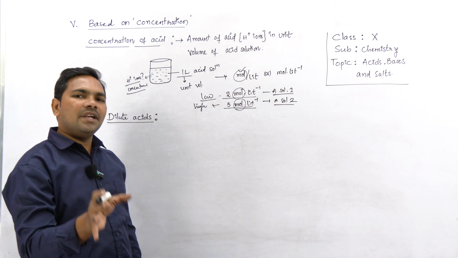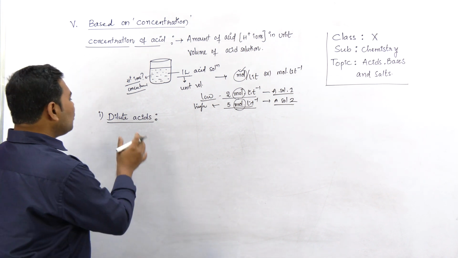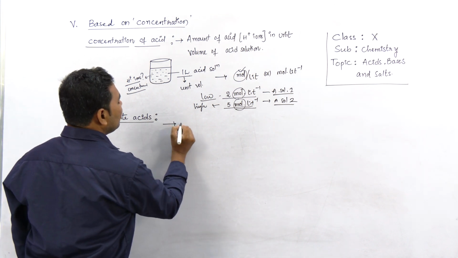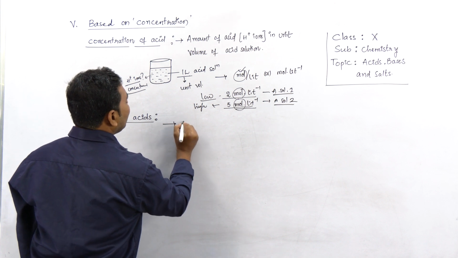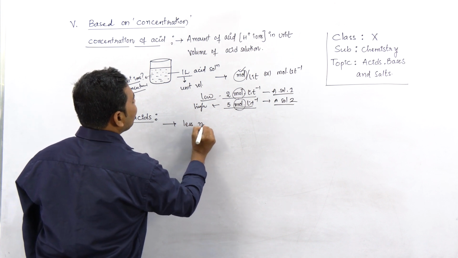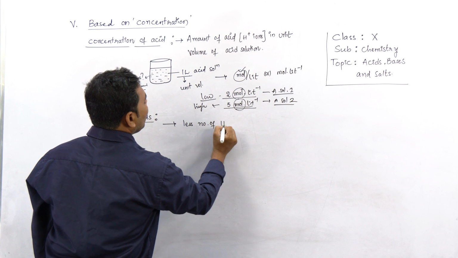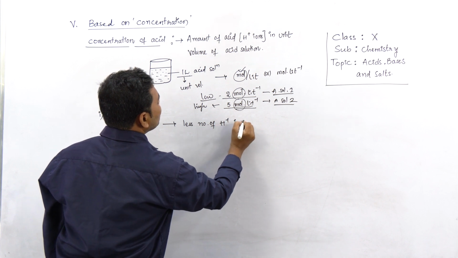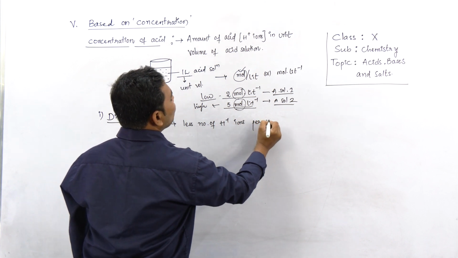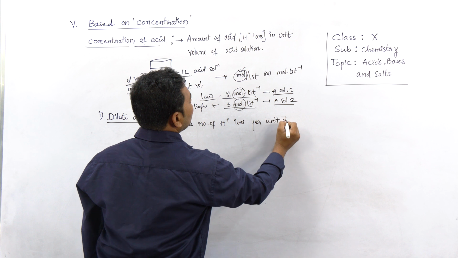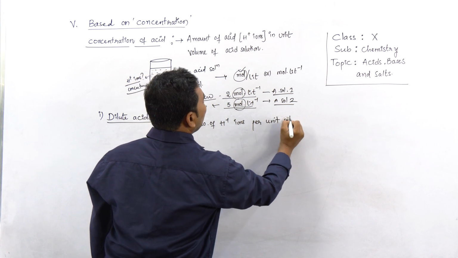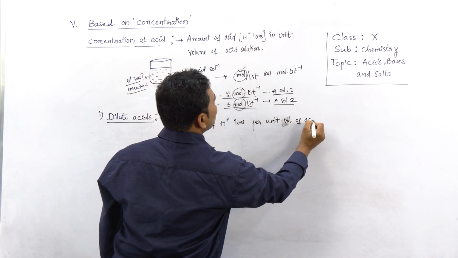What actually are dilute acids? Dilute acids are the solutions which have a less number of H plus ions per unit volume of acid solution.